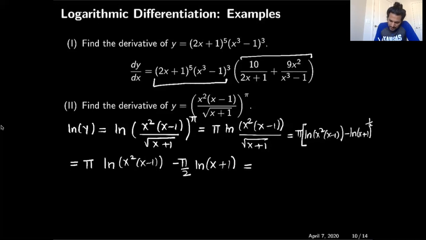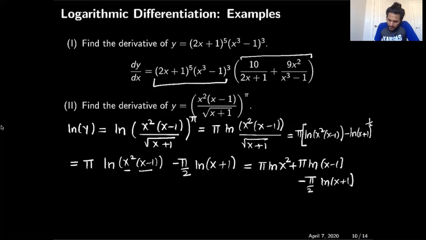And there is a product inside. I will use the property where the product inside is addition outside. So it's going to be natural log of x squared plus natural log of x minus 1 minus one half natural log of x plus 1.